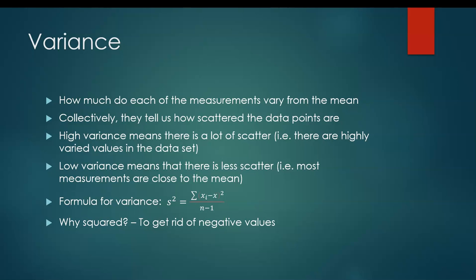So s squared, your variance, is equal to the summation of x sub i minus x bar, squared, over n minus 1. And that will give you a single value that accounts for all variance in your data set. It basically adds every bit of difference between the mean and each data point into one single number. I already explained why it's squared, to get rid of the negative values.